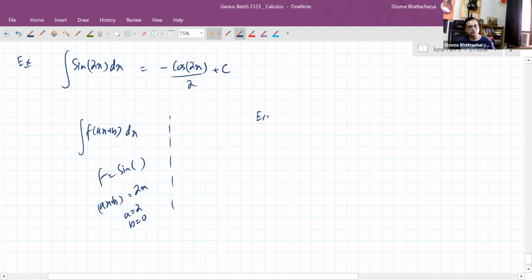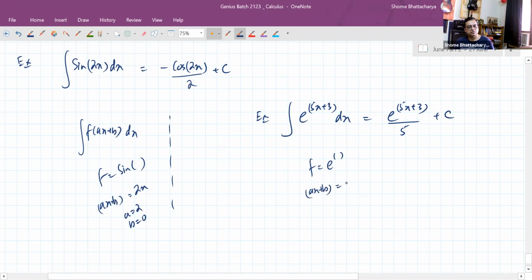Or if we have integration of e raised to the power 5x plus 3, let's say, then directly it is e raised to the power 5x plus 3 divided by 5 plus c. Because here the function is the exponential function and the linear term is 5x plus 3.